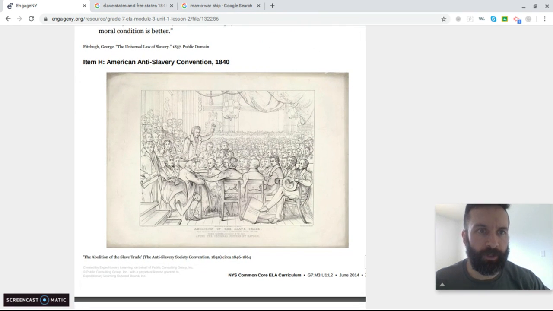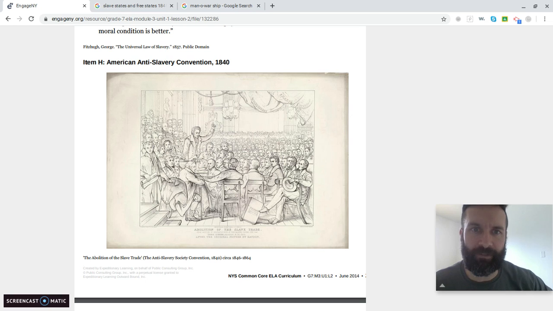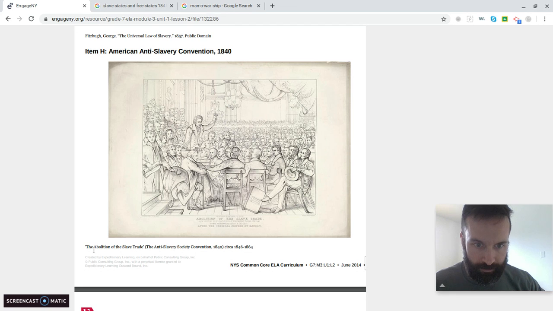And then here's a picture of an American Anti-Slavery Convention in 1840, five years prior to Frederick Douglass writing his autobiography. So it looks like these gentlemen are talking about getting rid of the slave trade.